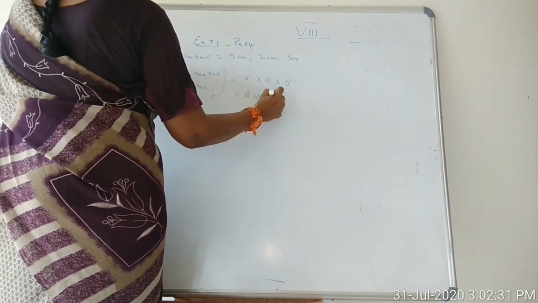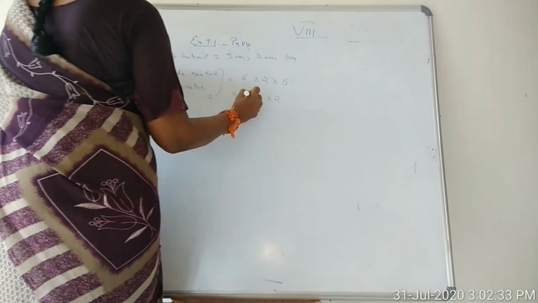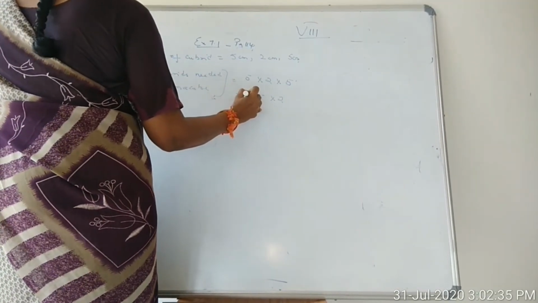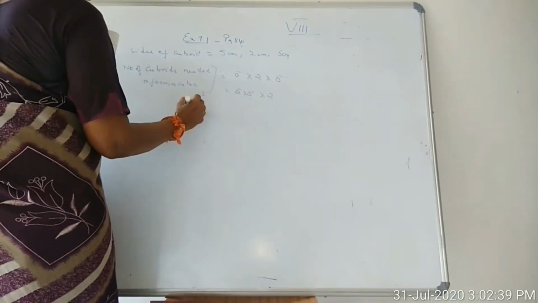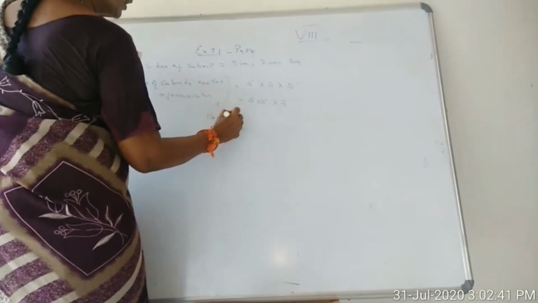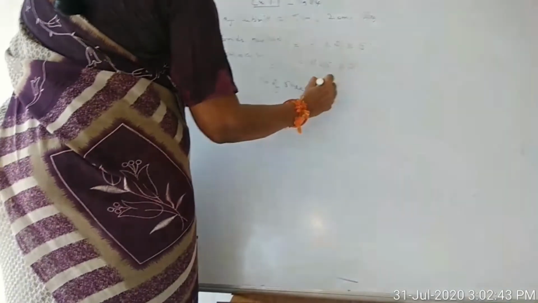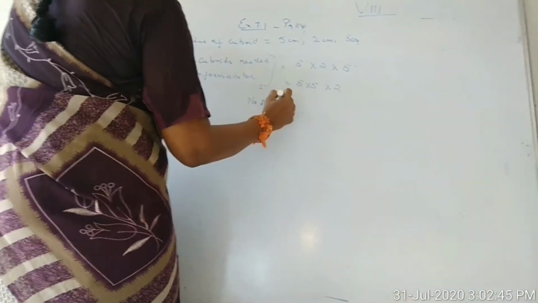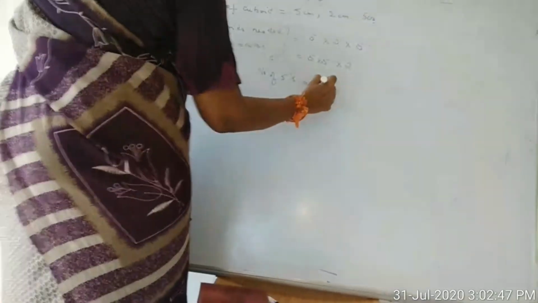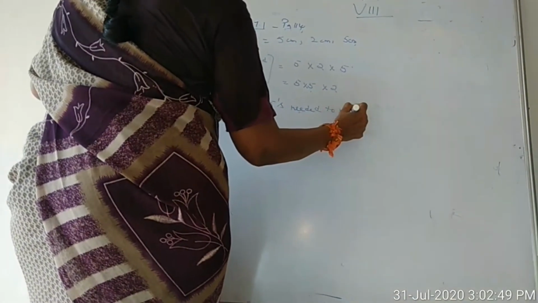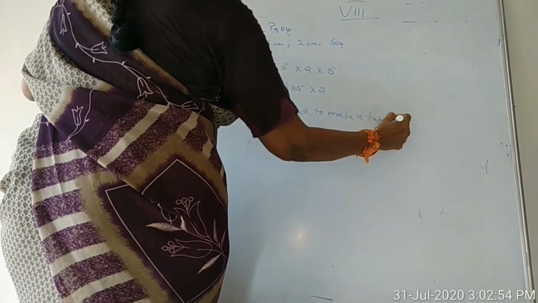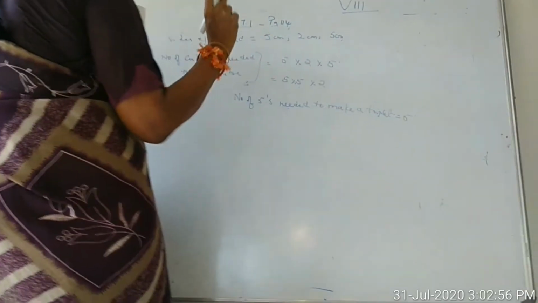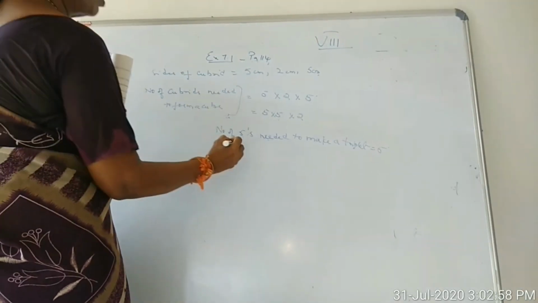Arrange it to form a triplet. How many 5s do you require to make a triplet? Number of 5s needed to make a triplet is what? How many 5s you require? We require one more 5. Triplet, a group of threes.